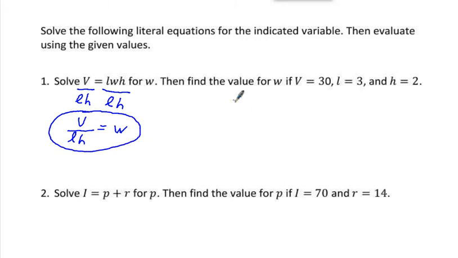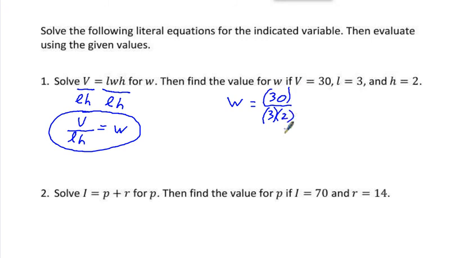For the second part of the question, we'll substitute in the given values. W equals volume 30 over length 3 times height, which is 2.